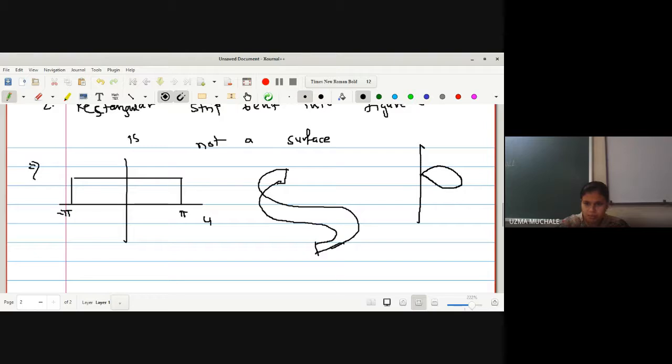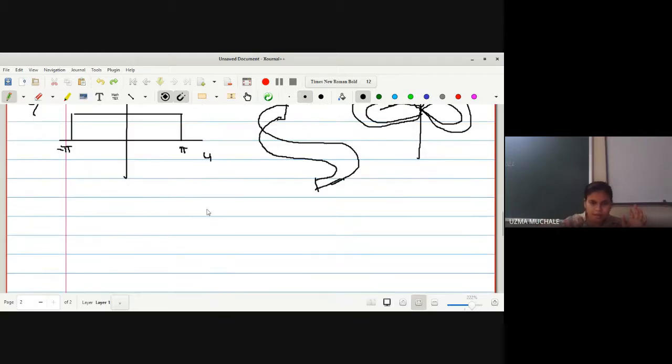And this one is easy to do. Firstly, we have a rectangle, and then we have to convert it in the form of S. Then we convert it in the form of a figure 8. This you have to convert into the form of a figure 8.